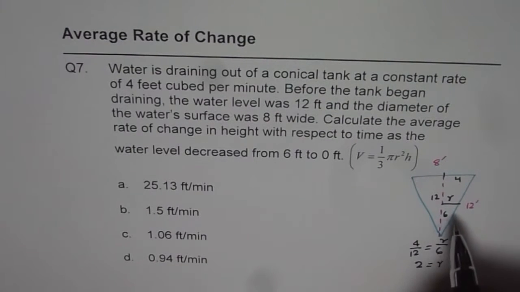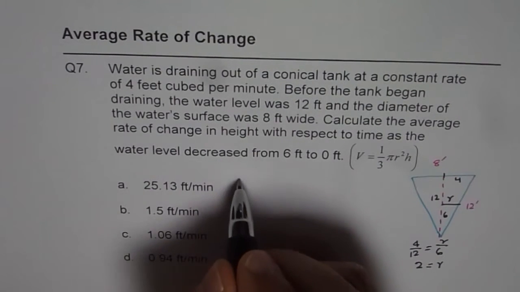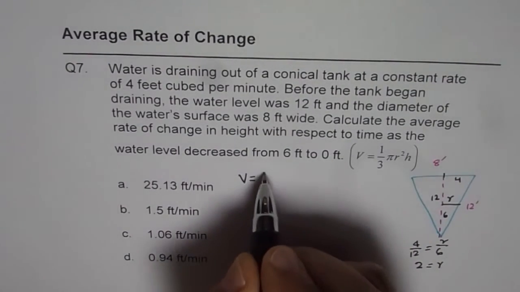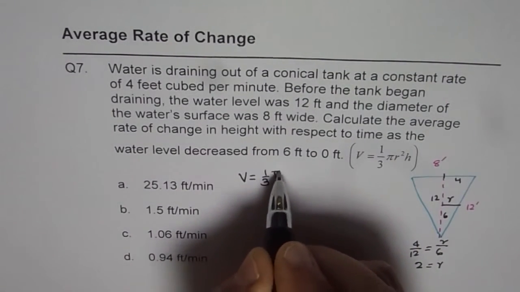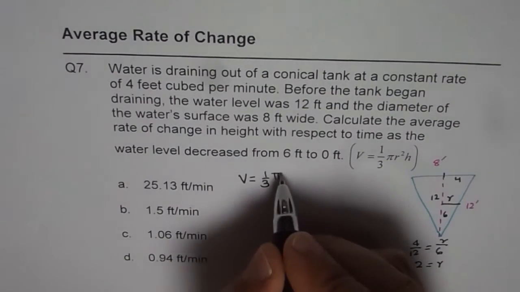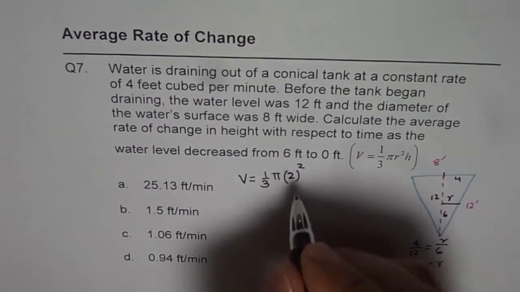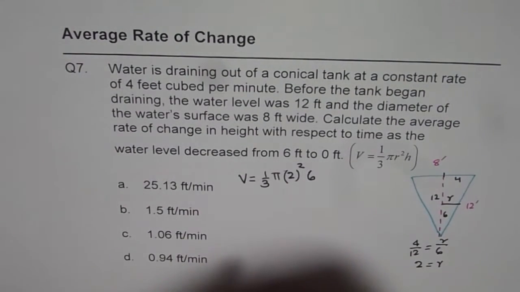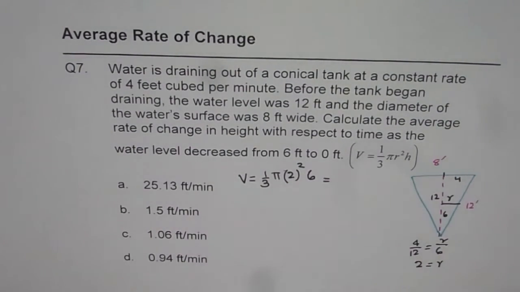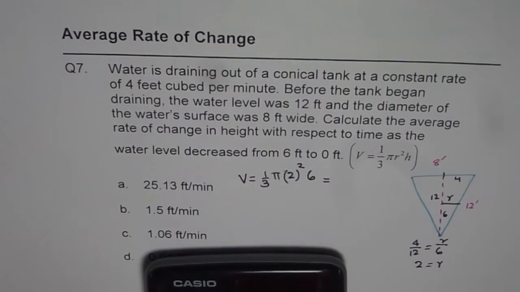Now this radius really helps us to find the volume when the height is 6. So we can calculate the volume. Volume is 1/3 pi r squared h, radius is 2, and height is 6, right? So let's use the calculator to find this volume.